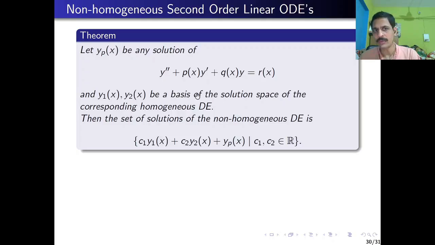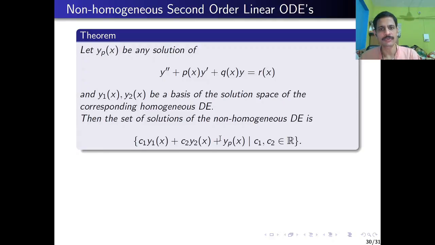If you know one particular solution of the non-homogeneous differential equation, then just add that to the general solution of the homogeneous ODE, and that will give you any arbitrary solution of the non-homogeneous ODE. This says any solution of the non-homogeneous differential equation looks like this: c1y1(x) + c2y2(x) + yp(x), where c1, c2 belong to the real numbers. This is the general solution of the non-homogeneous ODE.